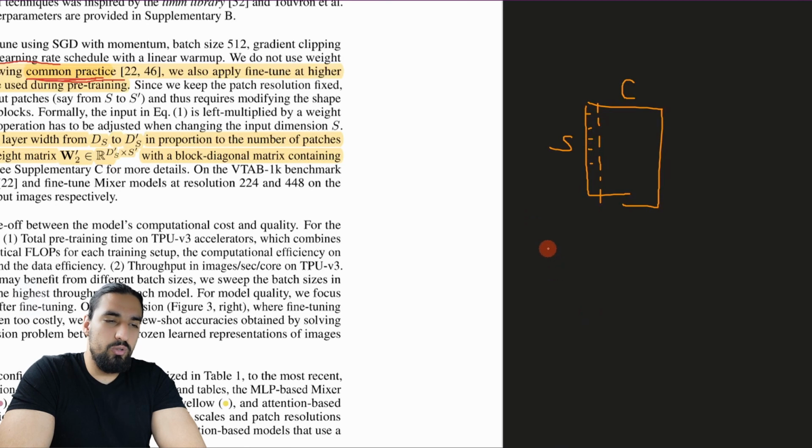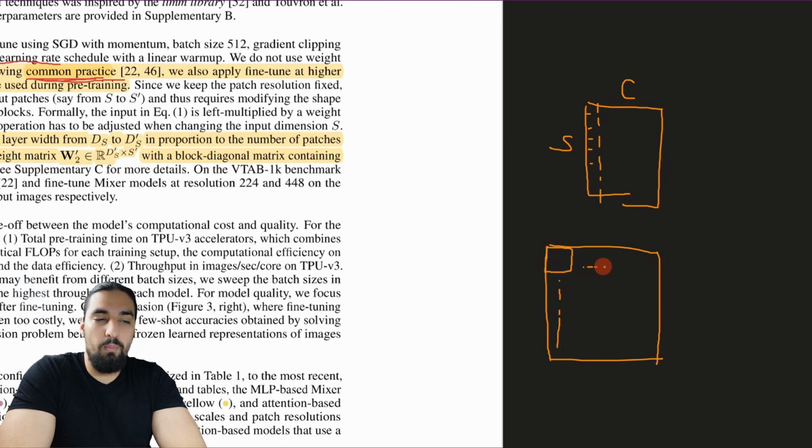When we increase the resolution but keep the size of the patch the same, that means we're going to have more of these patches. So S goes to S prime, which is a bigger number, and that means this won't fit into the previous MLP, which had a certain bandwidth.